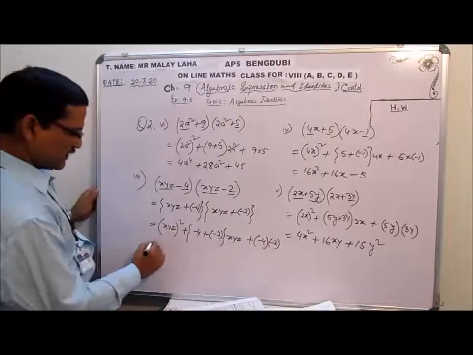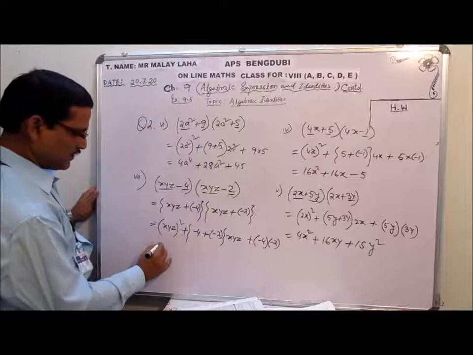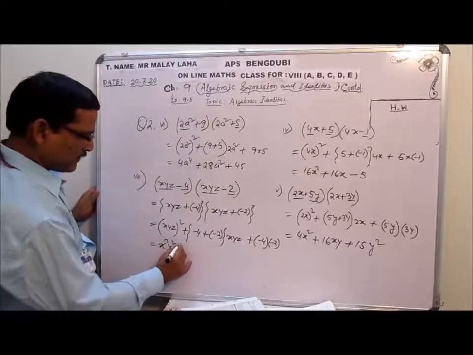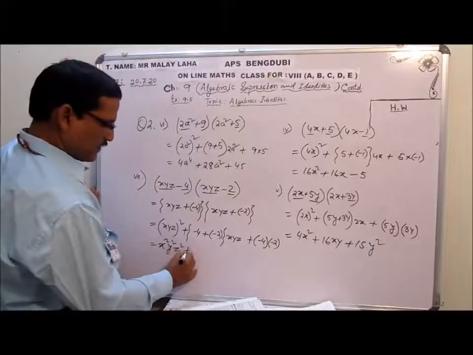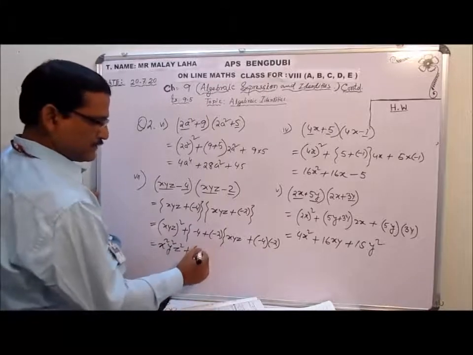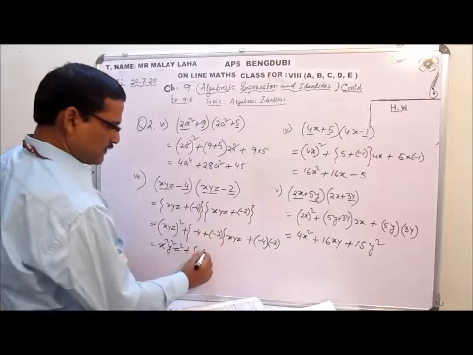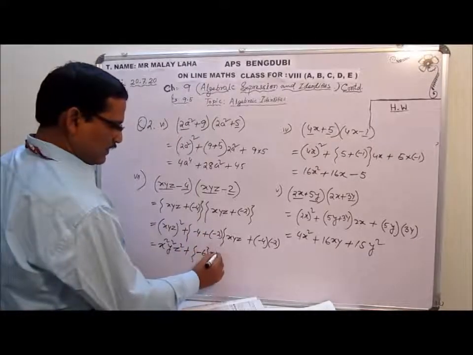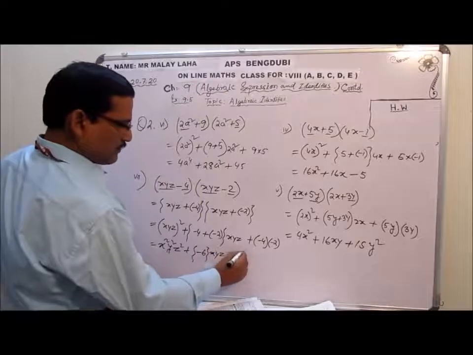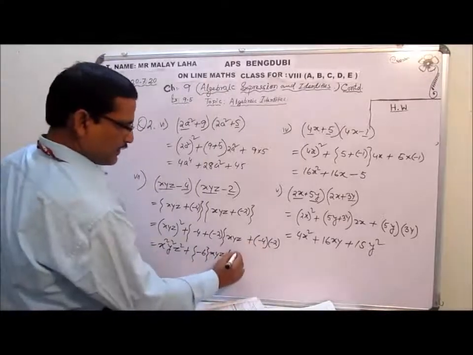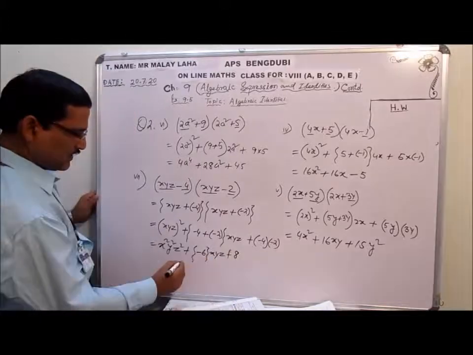What will be the result of this? xyz whole square means x square y square z square plus minus 4 and this minus 6 xyz, plus minus plus 4 to the 8. Now simplify here only.